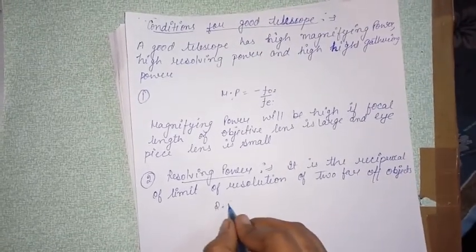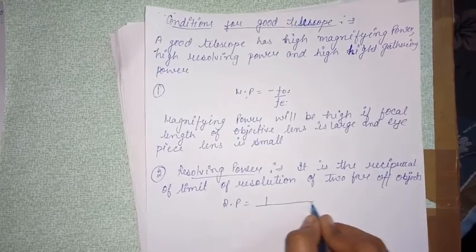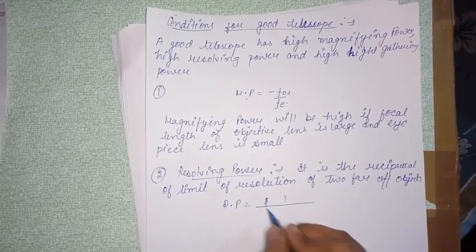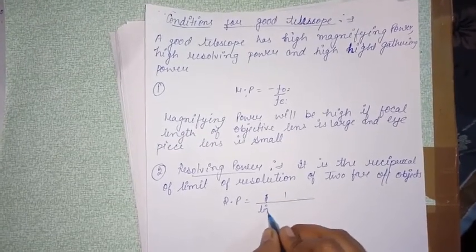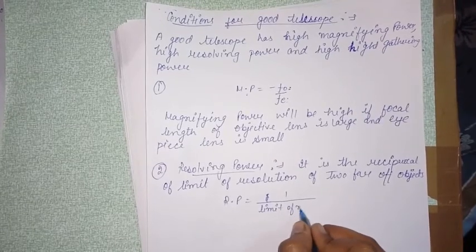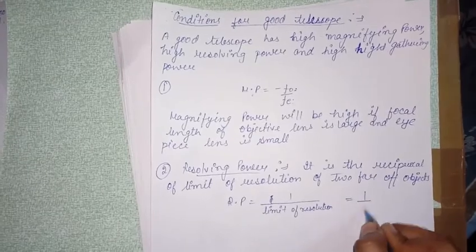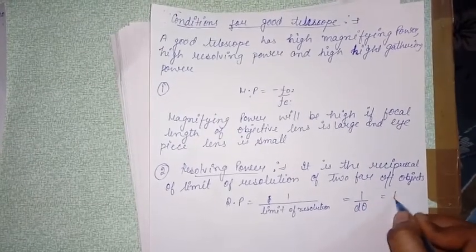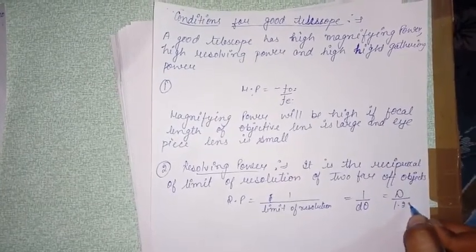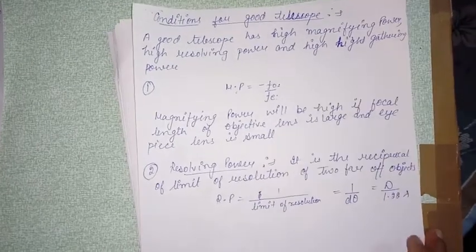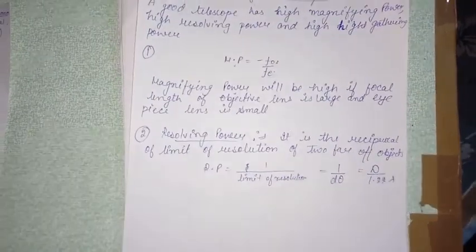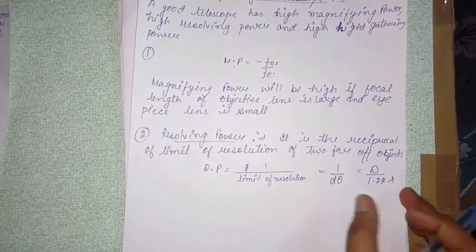Now resolving power is equal to 1 upon the limit of resolution, that is 1 by d theta, or we can say d upon 1.22 lambda. These are theoretical, you know the limit of resolution's derivation.